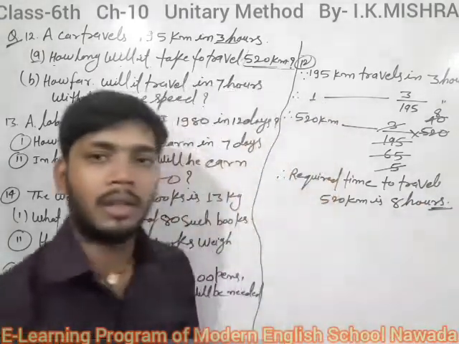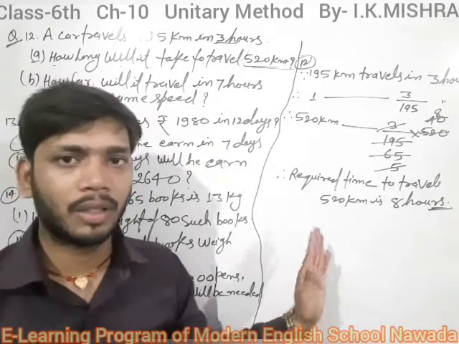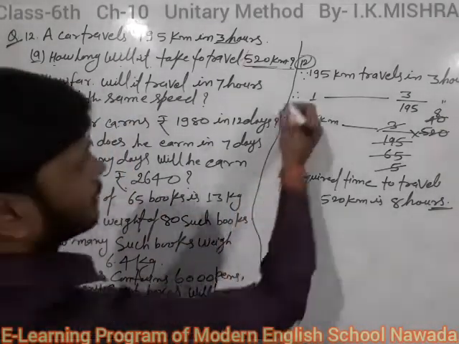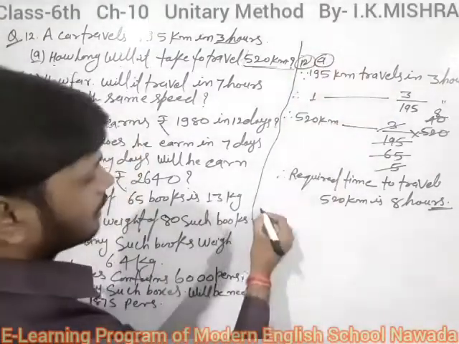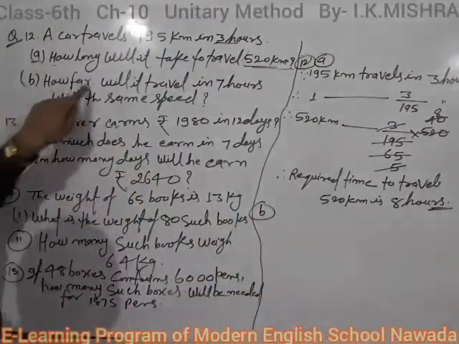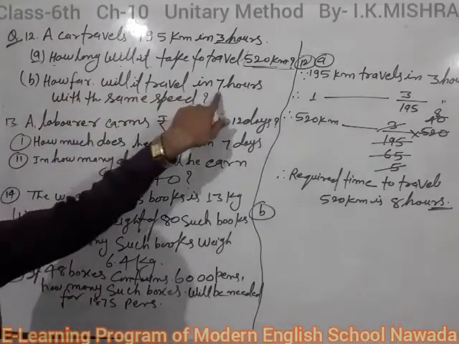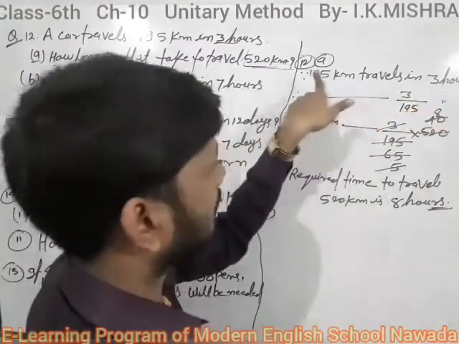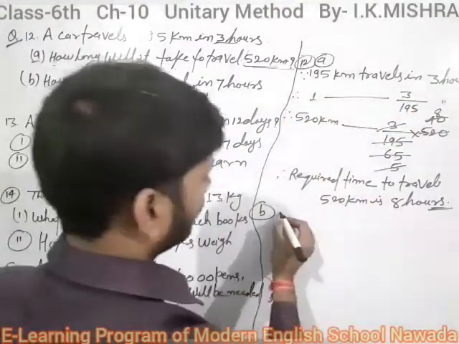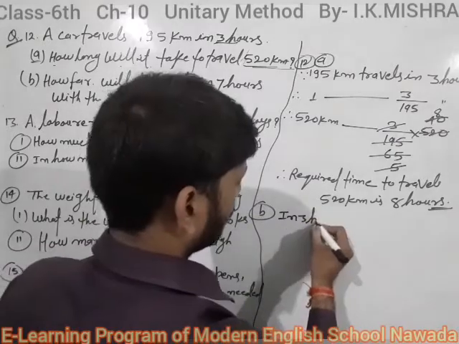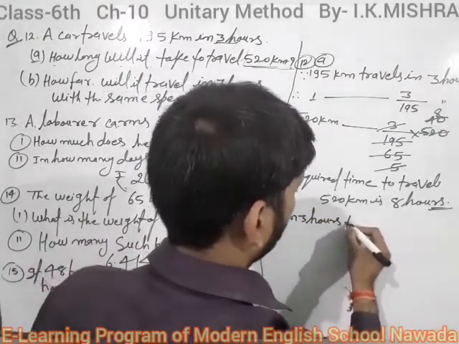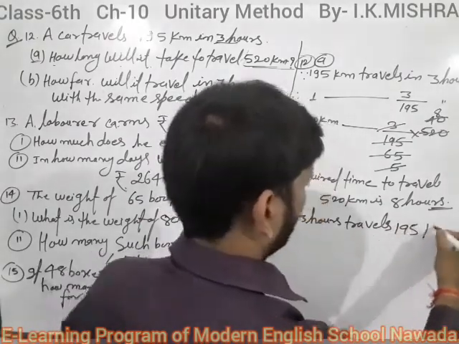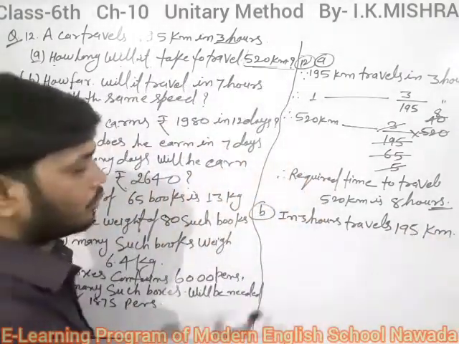Dear friends, similarly students, you can find the answer in the B question. This is the A question and this is the B question: how far will it travel in 7 hours? That means students, in 3 hours it travels 195 kilometers. Clear students?